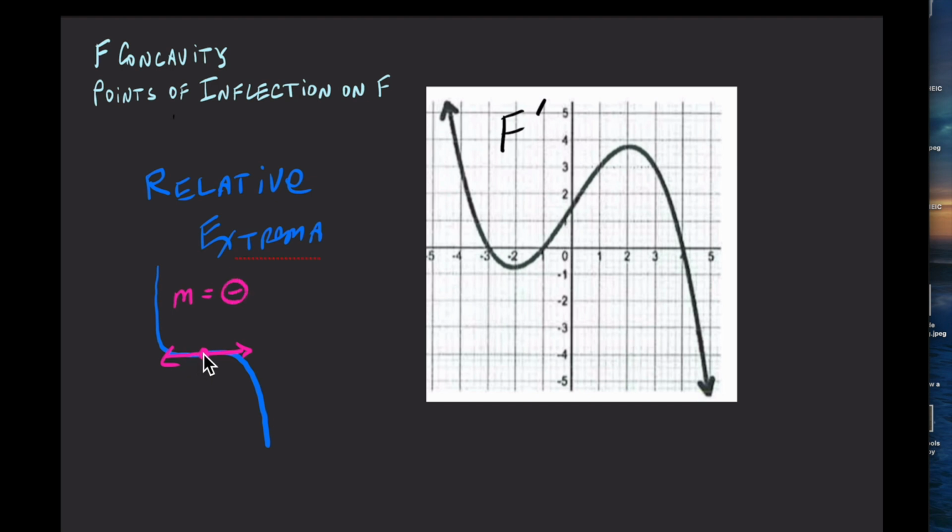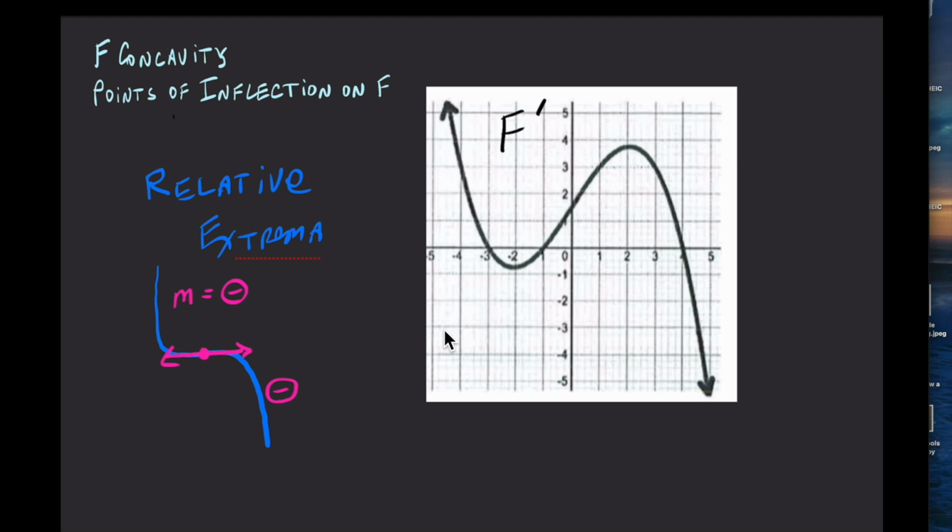Then the graph crosses the point and it continues to be negative, that means this f graph is going to continue to have a negative slope. The slope of f is going to manifest in the y value of f prime. So how could you have a scenario where the y value on f prime is negative, then the y value becomes 0, and then the y value becomes negative on the f prime graph?